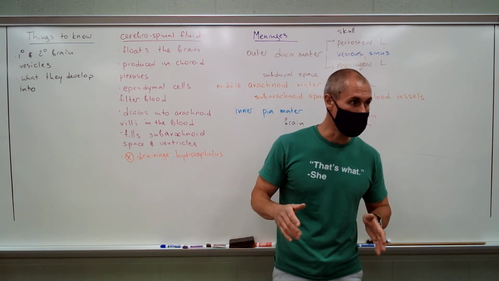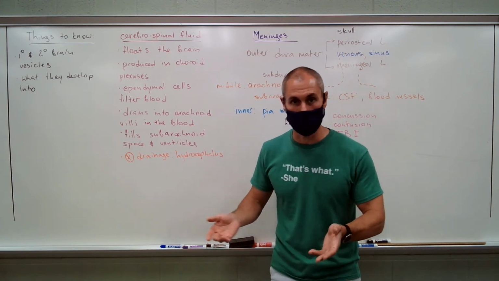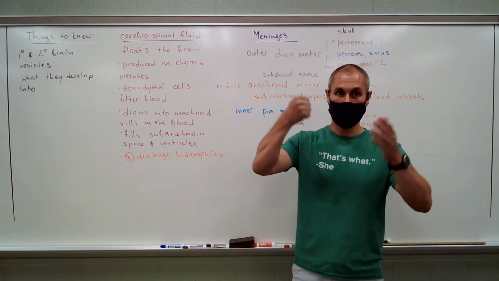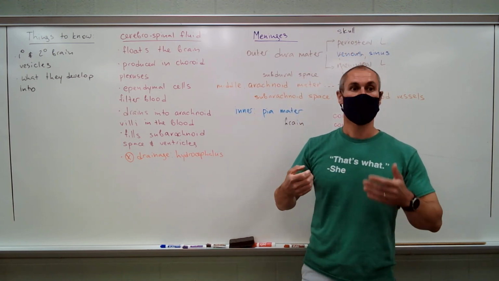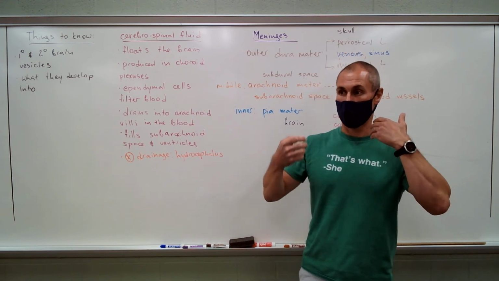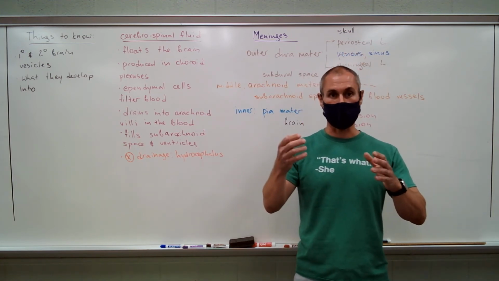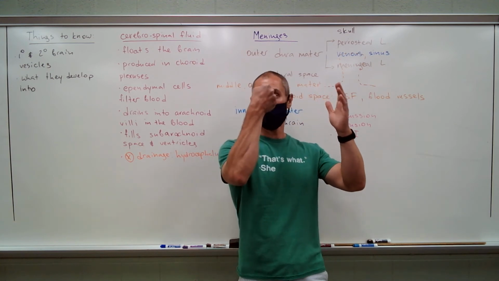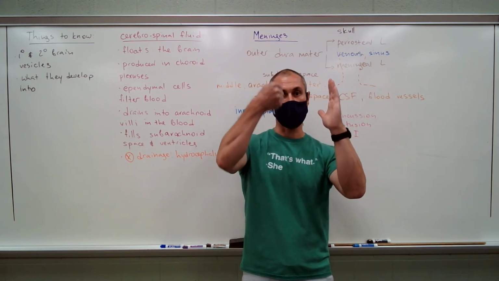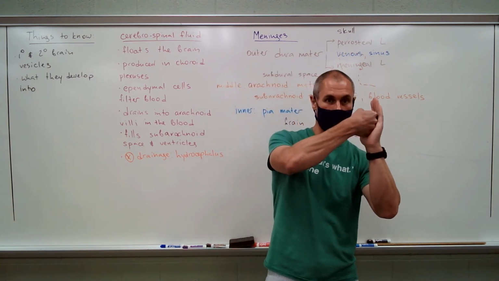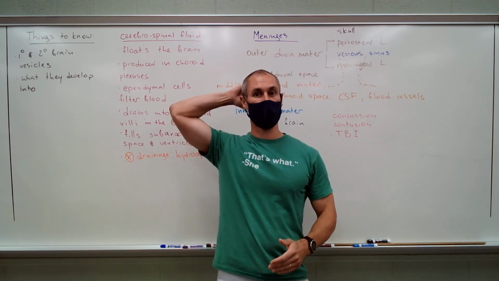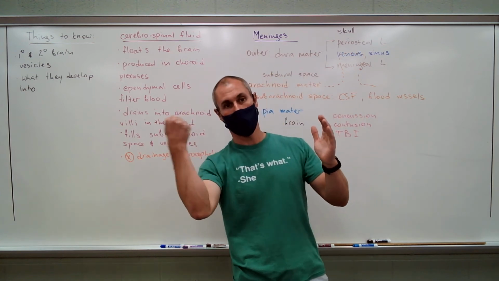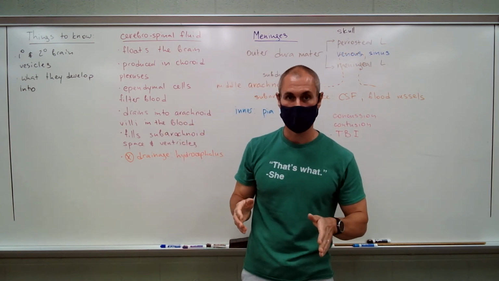There is not enough CSF in the world to prevent the brain from hitting the skull. Basically the cranium stops, but the brain doesn't, so it hits the cranium, bounces back, and hits the back of the cranium. Coup and contrecoup injury. Does that make sense?